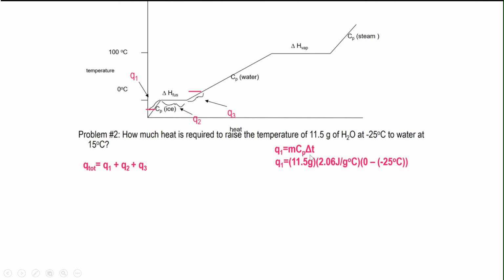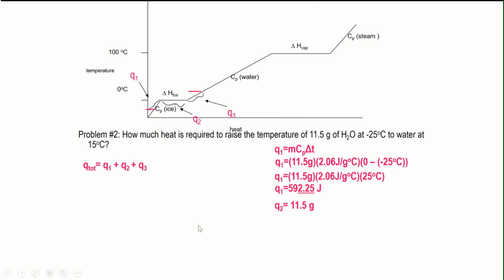Don't try to put in 15 right there. That's not accurate. So our final temperature for the ice will be 0 degrees. We started our initial temperature at negative 25 degrees. So that means we have a 25 degree change in temperature. So my total amount of energy to heat that ice will be 592.25 joules.